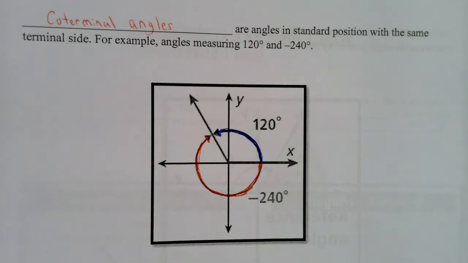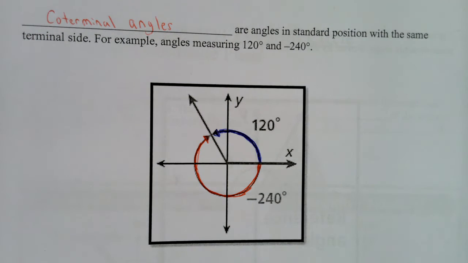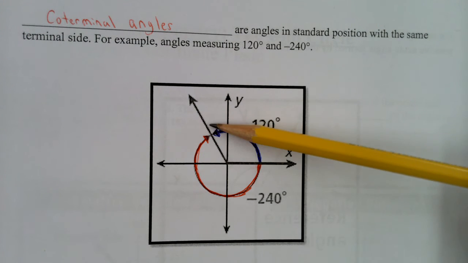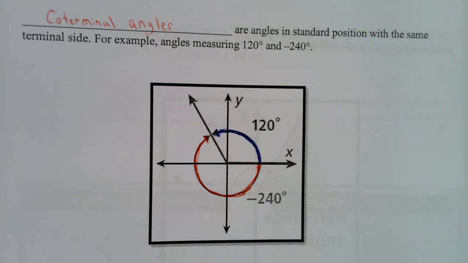Notice how they each have the same terminal side. So they are called coterminal angles. Just like co-workers work at the same place. Coterminal, they have the same terminal side.